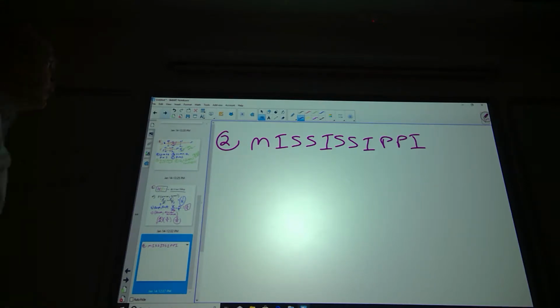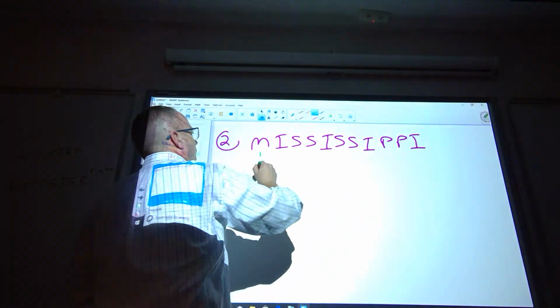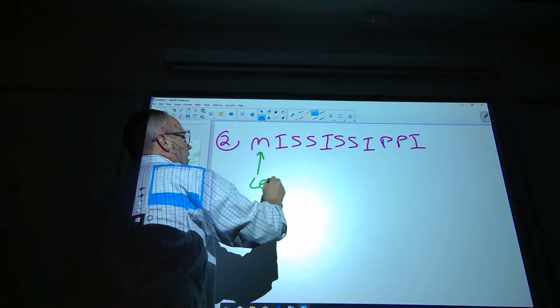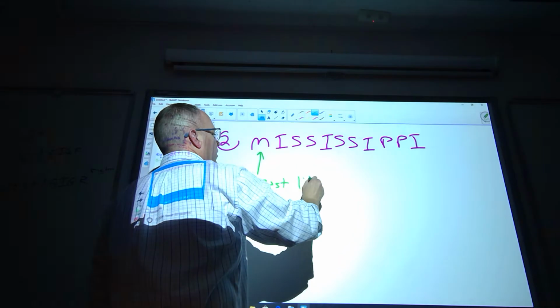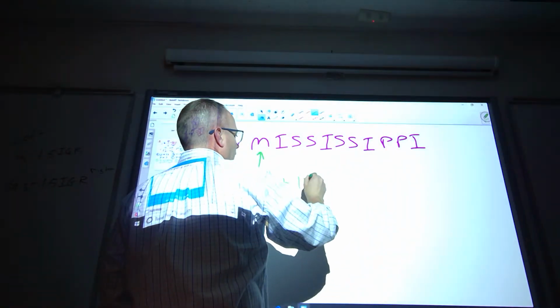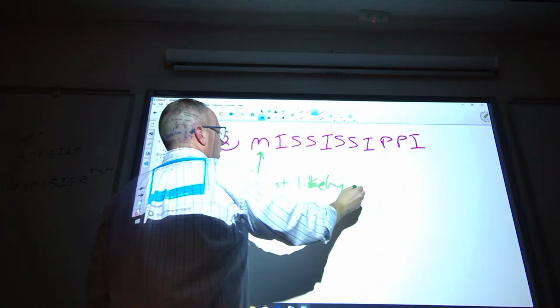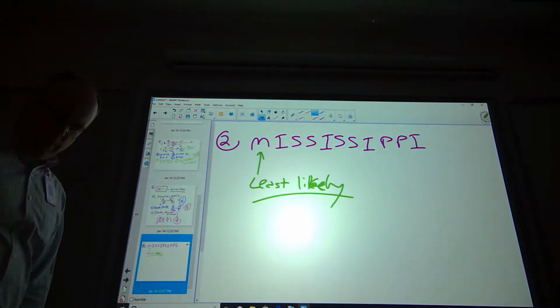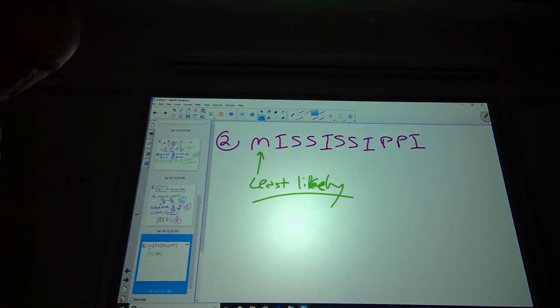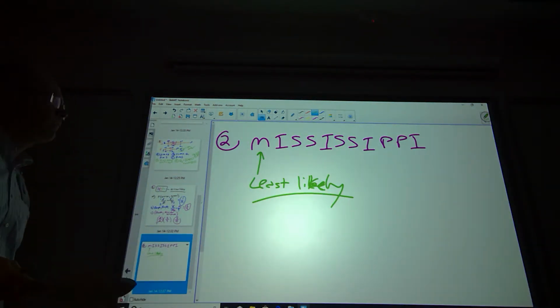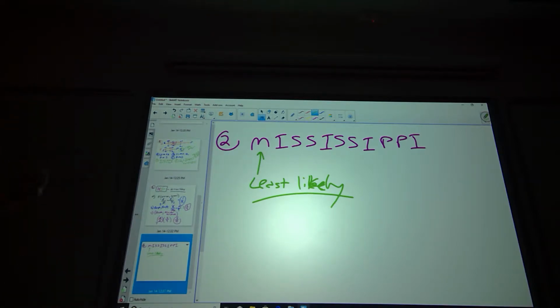M. So I have only one of those, least likely to be picked out. Does everyone agree with that? The reason is I'd have 4 I's, I have 4 S's, and I have 2 P's. I only have 1 M.